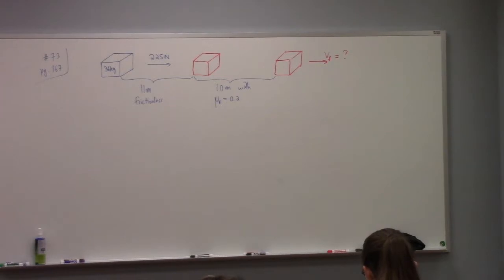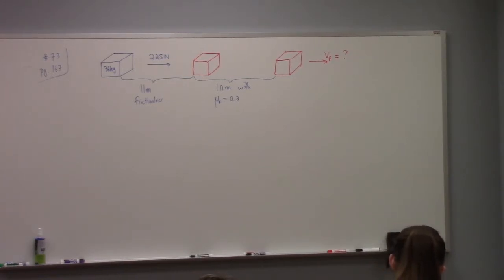So, what's the right approach for a problem like this? I mean, we know the work energy theorem, right? If we can calculate the net work done on the box during the motion, then the net work is equal to the change in kinetic energy, which should allow us to calculate the final velocity.